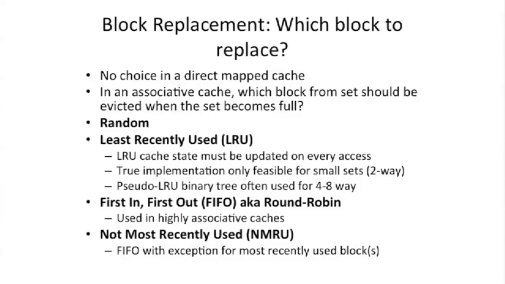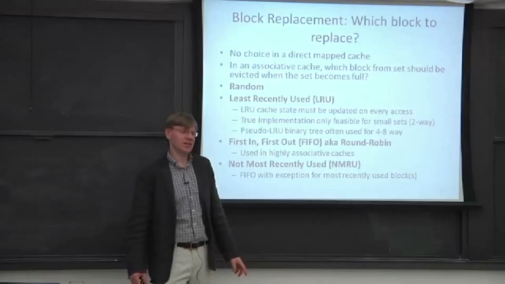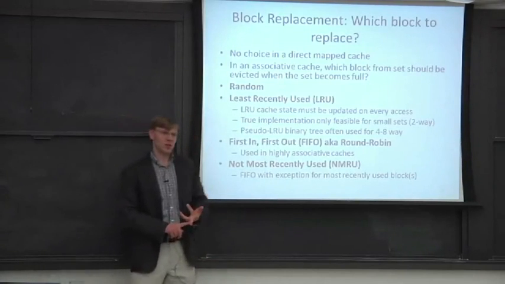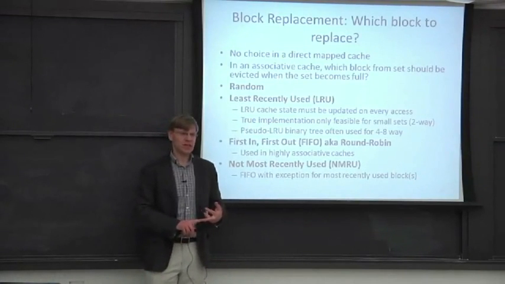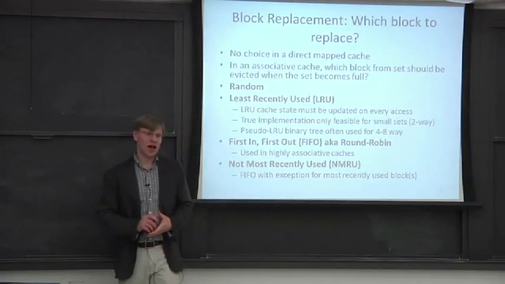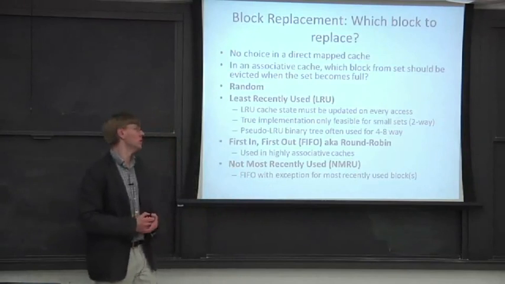Now, some problems with this is this gets really hard to do. Well, there's two problems. One, to implement appropriate least recently used, every single load or store that happens to the cache needs to update the information. Well, that's not great for power, but it's also not great because you basically need very fine-grained tracking information on each cache line on every single cycle that does a load or a store.